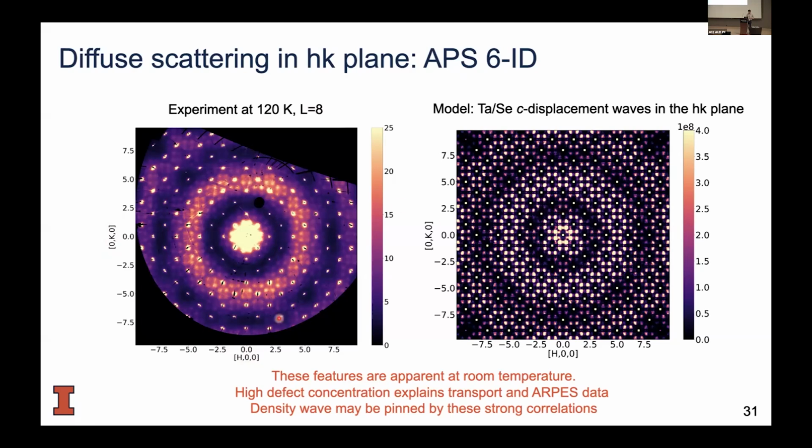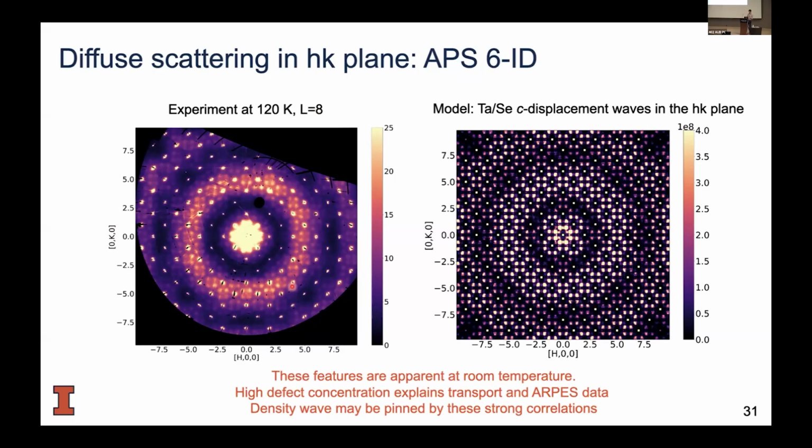This scattering that you see, you can model by looking at displacements of the tantalum selenium chains. If I give them a displacement along the C-axis and a propagation direction in the HK plane, that's the only way to make this diffuse scattering appear. This is not the same direction as the charge density wave, which was going off in a diagonal direction.